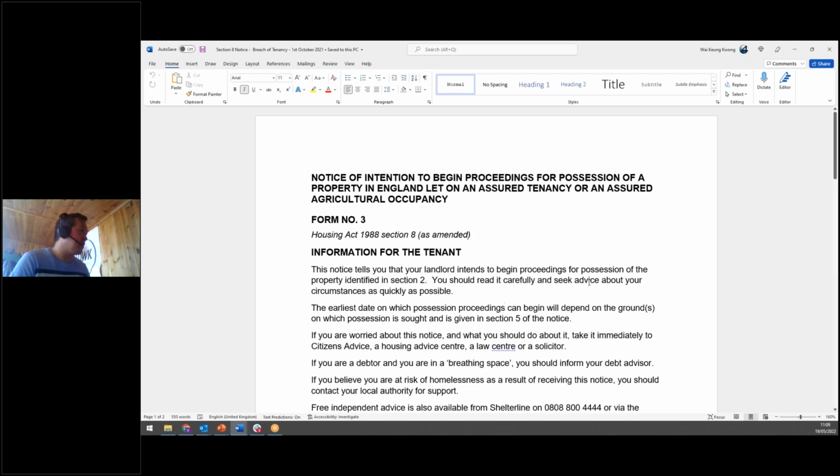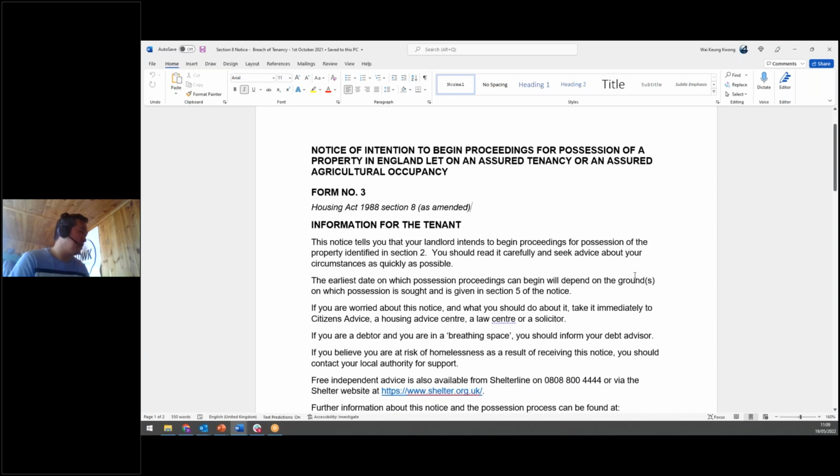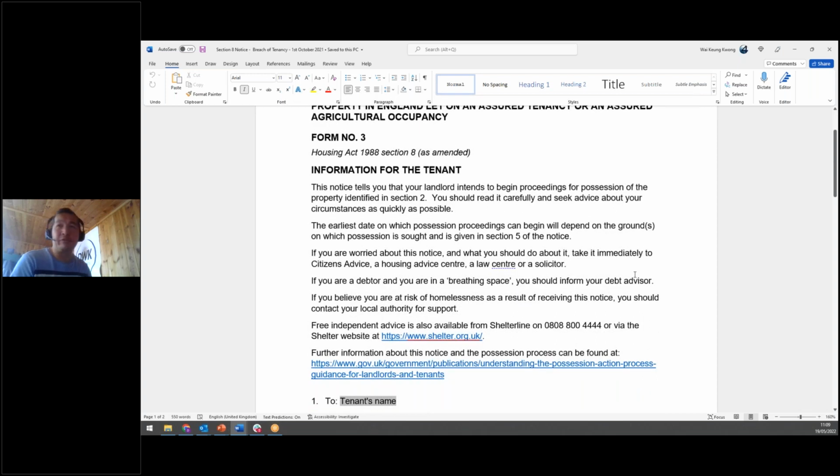The first part of it, and I can see it on my screen, hopefully you can read it as we go through. The first part is just notes for the information of the tenant, to explain why this notice is being served upon them, and what their obligations are or what options they have. As you can see, it talks about going to get advice from a solicitor or the CAB or the law centre if necessary.